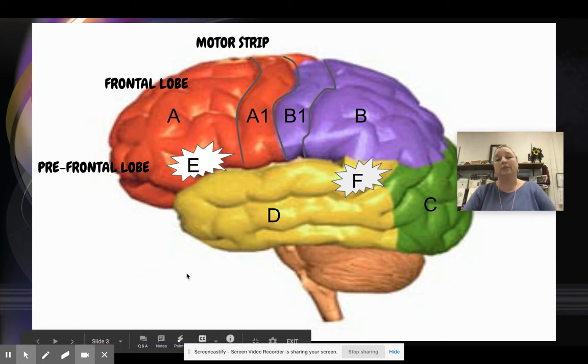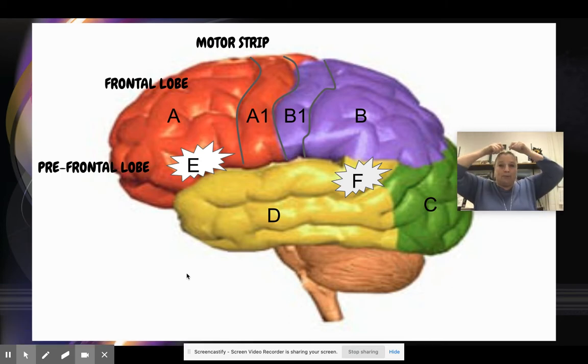It is a part of the frontal lobe, and that is called your motor strip. What do you suppose a motor strip does? Think of motor. It's your movement strip. It's what helps you stomp your foot, wave your hand. Those are your motor activities. That all comes basically from that part of your brain. Make sure you get those down in your notes.